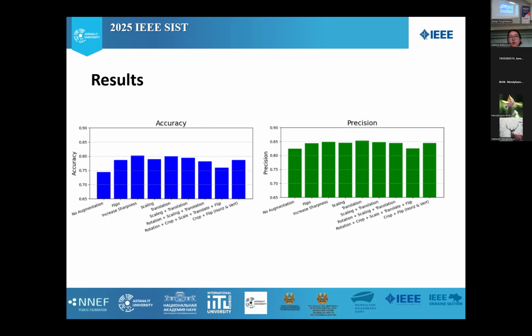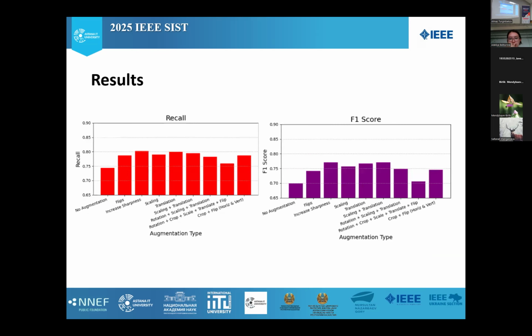It is the results of the training and testing when we didn't apply any data augmentation, and the other bar charts are representing different types of applied data augmentation like flips, increased sharpness, scaling, translation, and then we combined some of the data augmentation types like scaling plus rotation, scaling plus translation, etc. So here you can see the result.